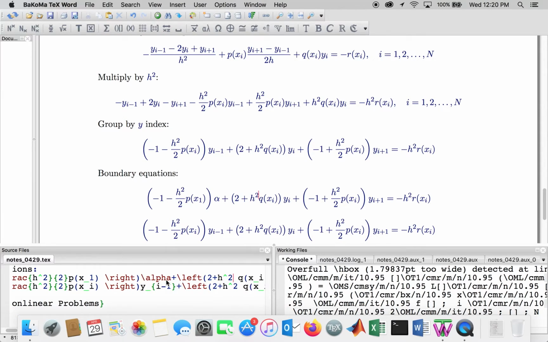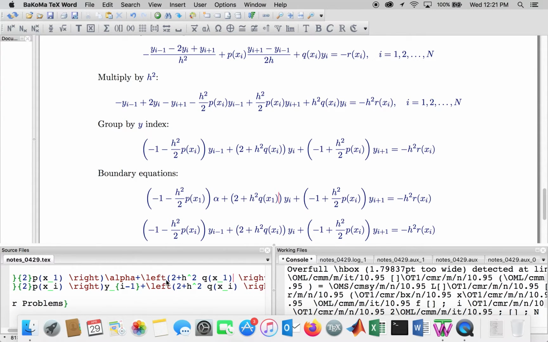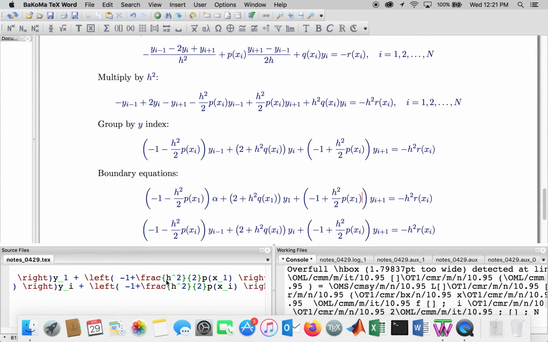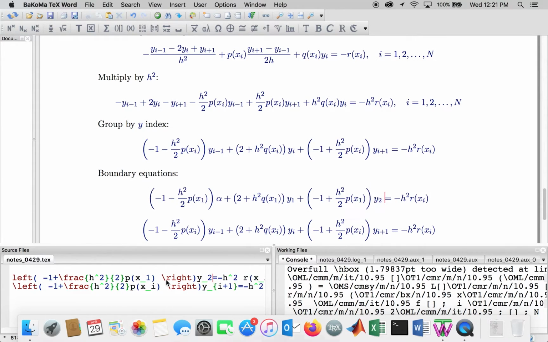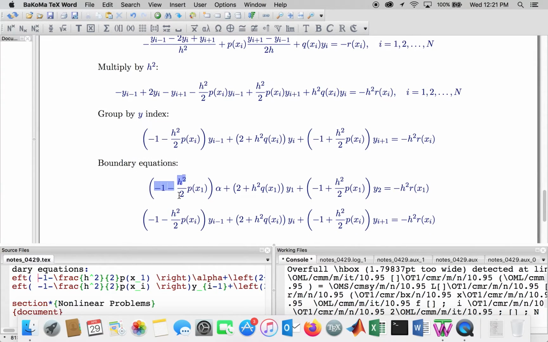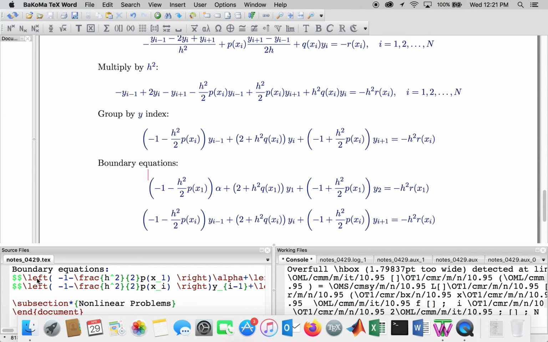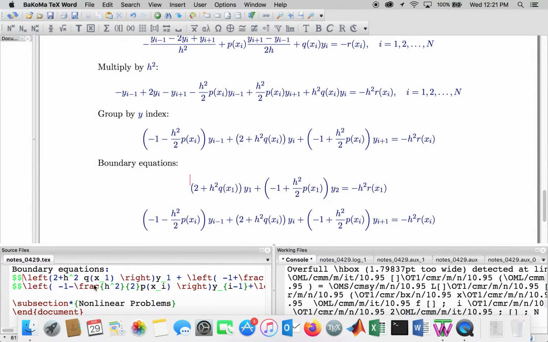And then here I have i equal 1, and then here again i equal 1, and then y2, and then x1. Now this term right here, because it involves a boundary value alpha that's already known, should actually go on the other side. So I'm going to move that to the other side.